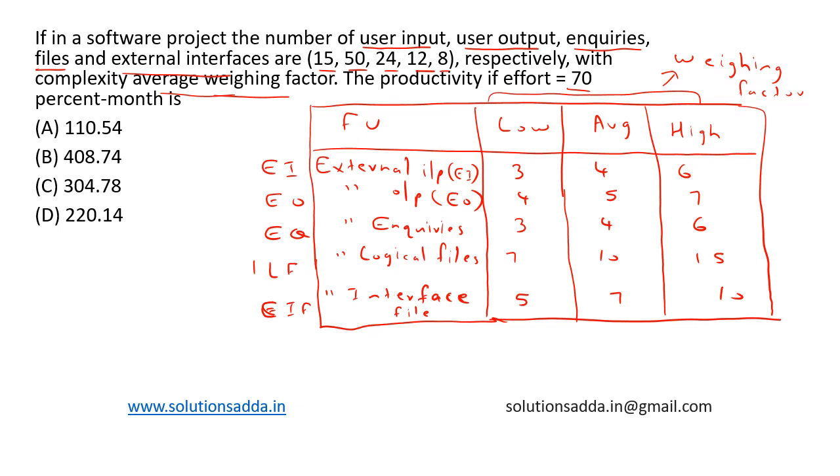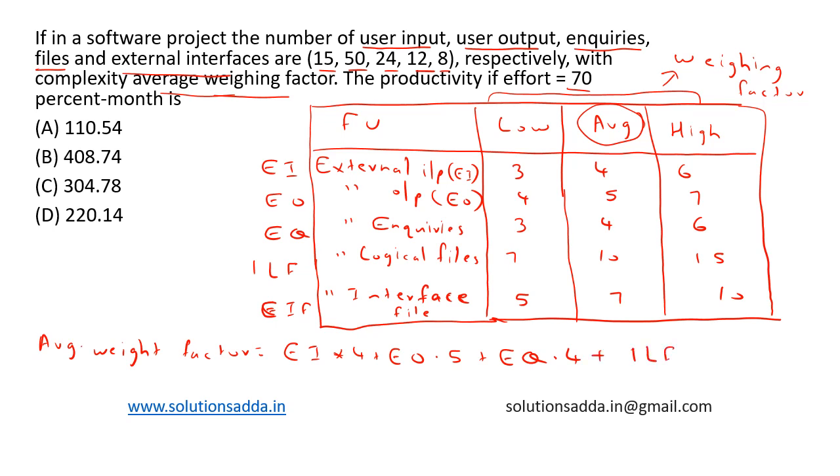Now, the formula for average weighing factor, since we are finding it for average, is EI into 4 plus EO into 5 plus EQ into 4 plus ILF into 10 plus EIF into 7.